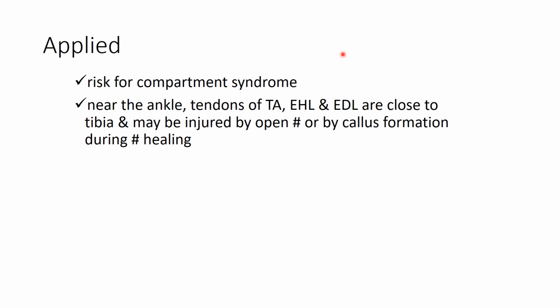Especially the extensor compartment is very tight, very unyielding with respect to the posterior one, which is a bit yielding. So there is a risk for compartment syndrome and compression of the nerve especially.